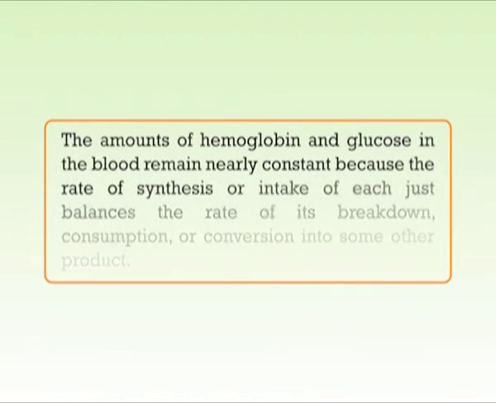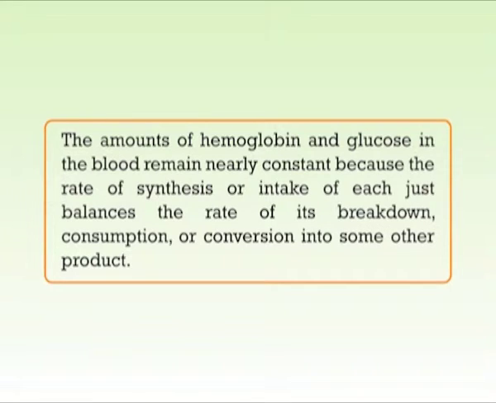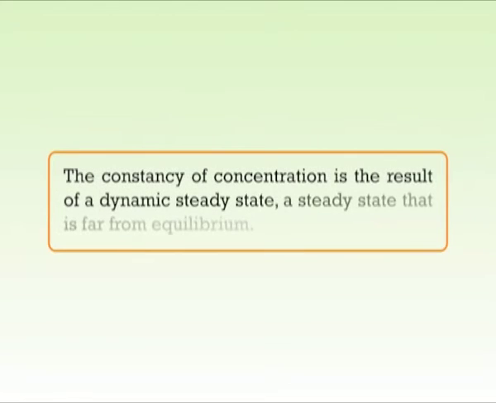So the amounts of hemoglobin and glucose in the blood remain nearly constant because the rate of synthesis or intake of each just balances the rate of its breakdown, consumption, or conversion into some other product. The constancy of concentration is the result of a dynamic steady state, a steady state that is far from equilibrium.